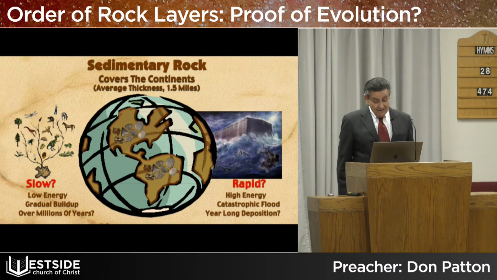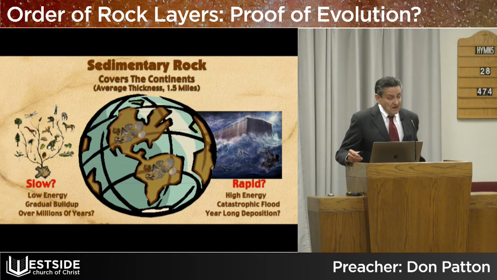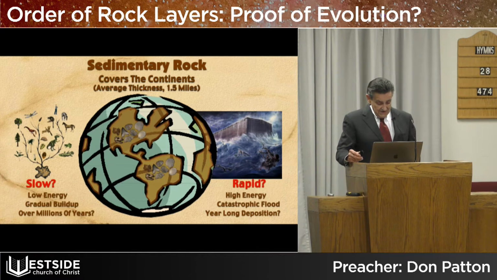On the other hand, I think it's better explained in a rapid series of catastrophes over a year's time caused by the flood. All of the founders of the discipline of geology believed that the flood accounted for these layers, as we do today when we look at Mars. But we're going to look at the two alternatives, see which one fits the facts best.